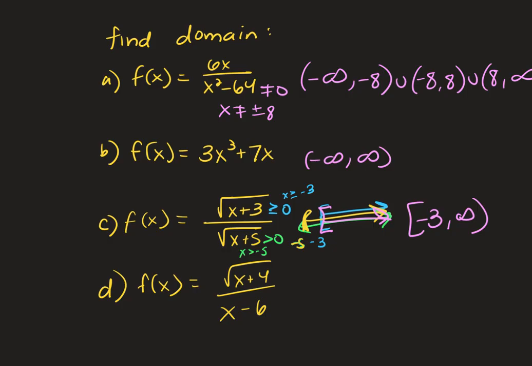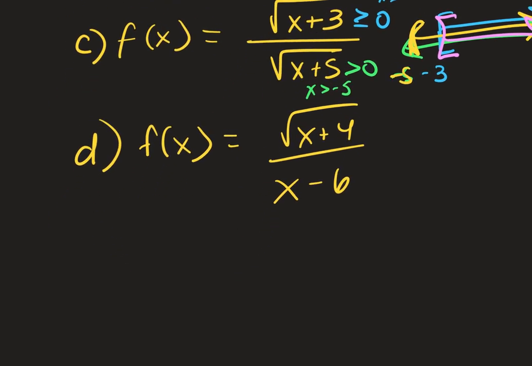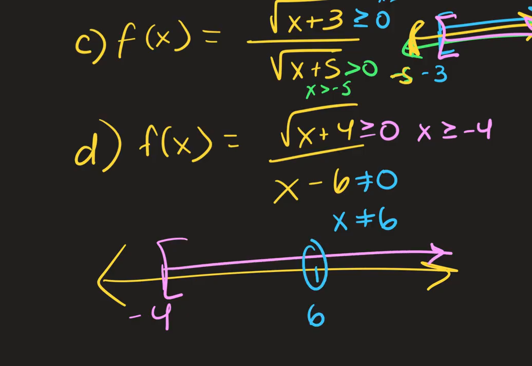And then D is where it gets a little tricky, which is one of the reasons why I wanted to add it. In my numerator, this is greater than or equal to 0, but in my denominator, this is not equal to 0. So from the numerator, I get x has to be greater than or equal to negative 4. From my denominator, I get x cannot equal 6. So think about what this looks like, again, on a number line. Negative 4 would be a bracket to positive infinity, but at 6, it stops.